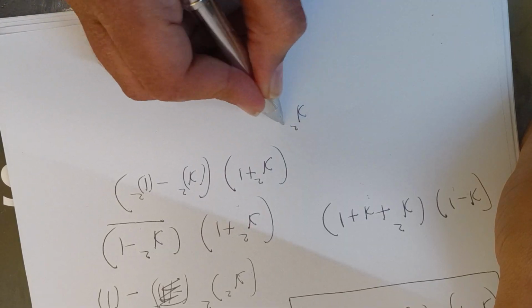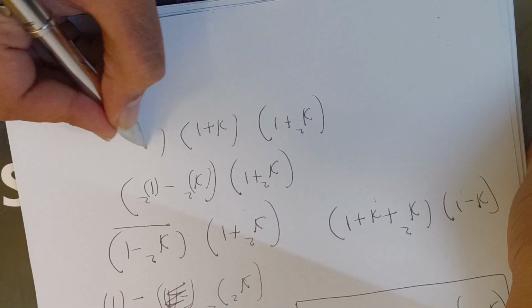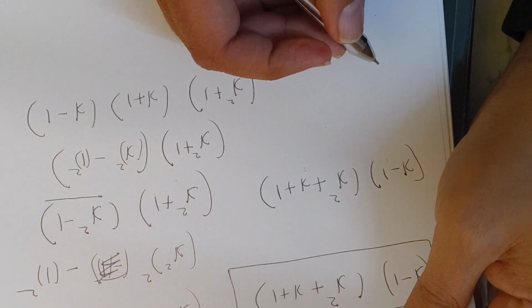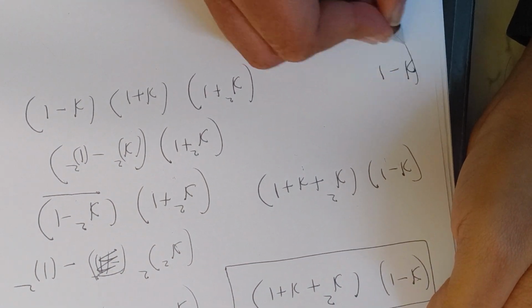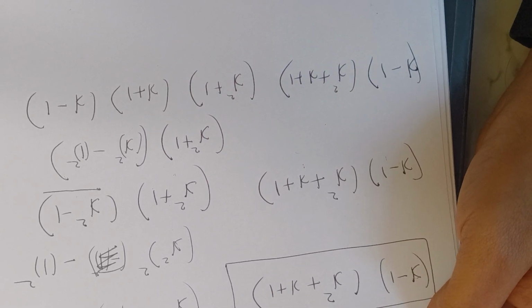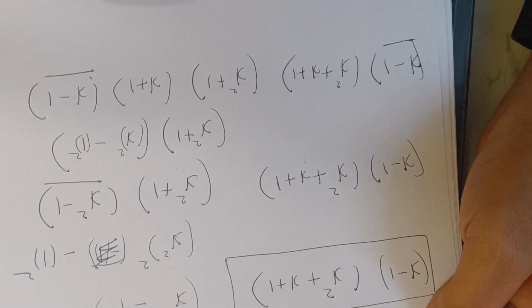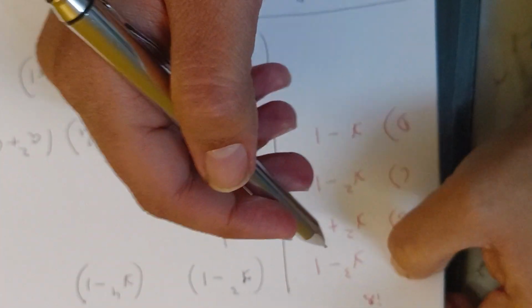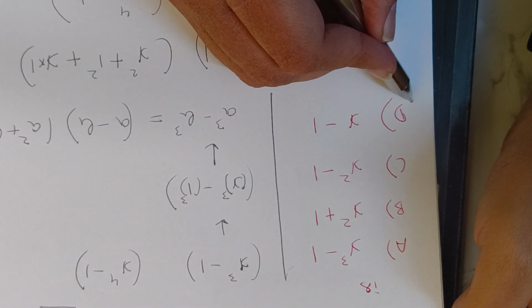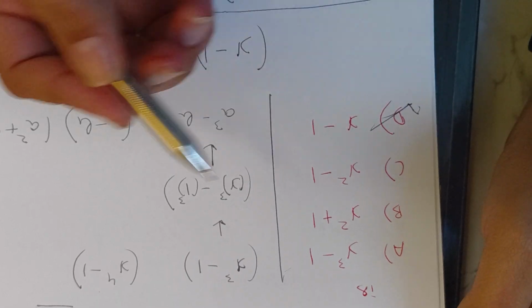So x square plus 1, let's copy it like this, and this will be x plus 1 into x minus 1. And here we have the factors x minus 1 and x square plus x plus 1. So now we have this factor as common, x minus 1, and here also x minus 1. And in the D option we have x minus 1. So this will be the answer.